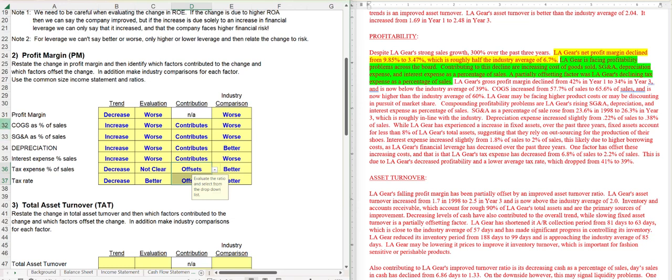Now I want at least one sentence on each one of these contributing and offsetting factors. So our cost of goods sold went up as a percentage of sales, which is the same thing as saying what? Our gross profit margin decreased. And you could give me the ratios if you want.